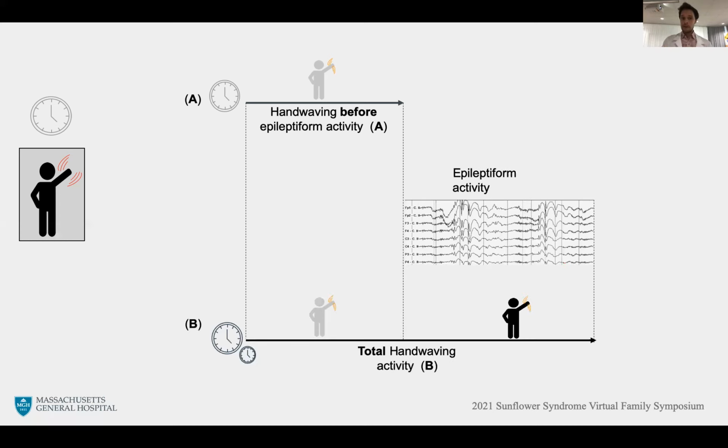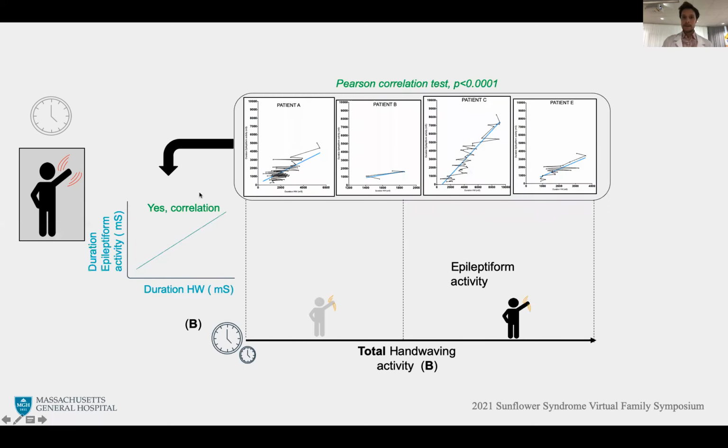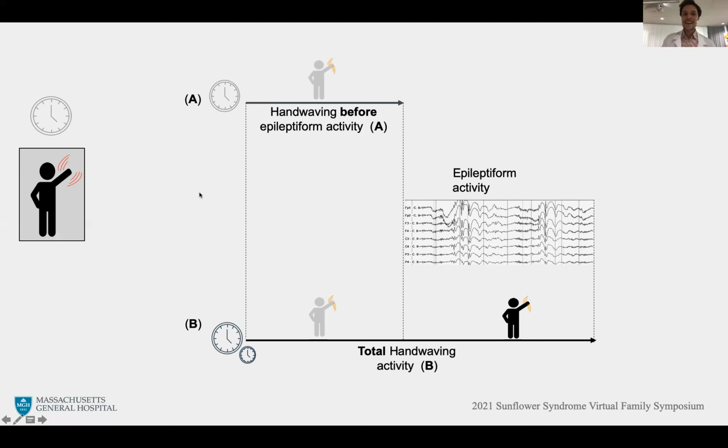If we then look further and we look not only at the hand waving activity, sorry, I went a little bit too fast. If we look at the hand waving activity before, but also combined with the hand waving activity during the seizure, you now look at the total duration of hand waving and the epileptiform activity.